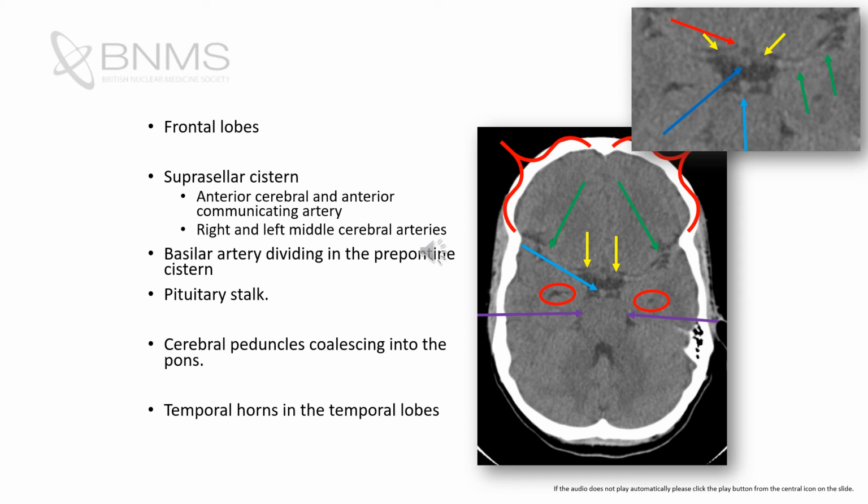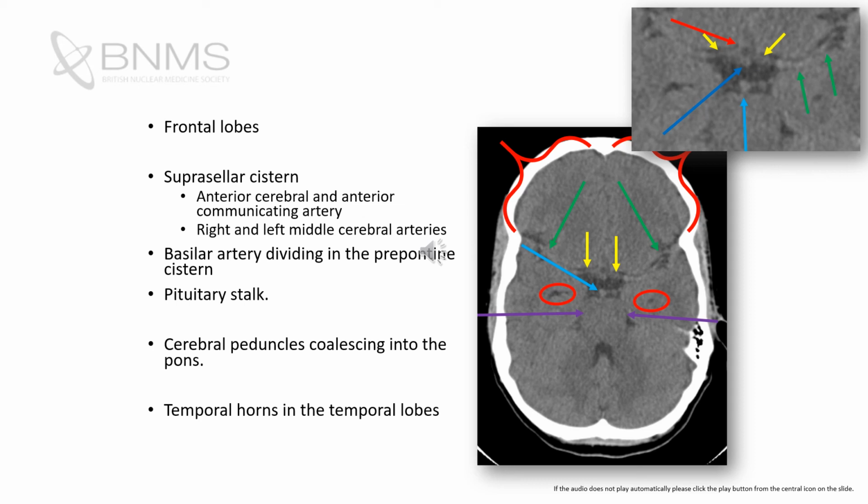The red arrow within the magnified central structures shows the position of the anterior communicating artery, and the yellow arrows show the right and left anterior cerebral arteries.